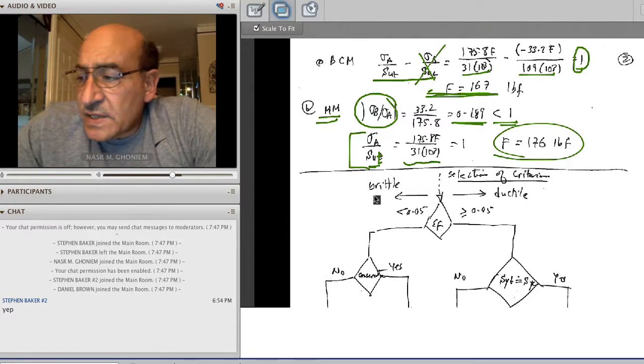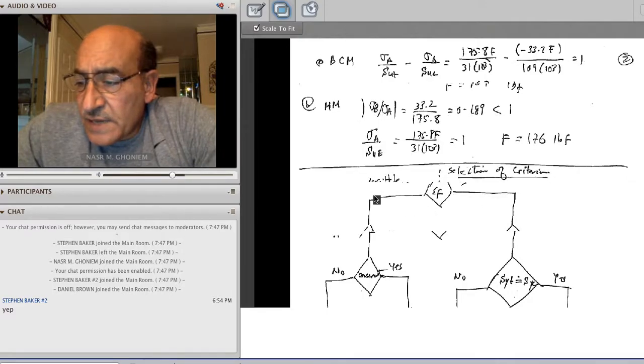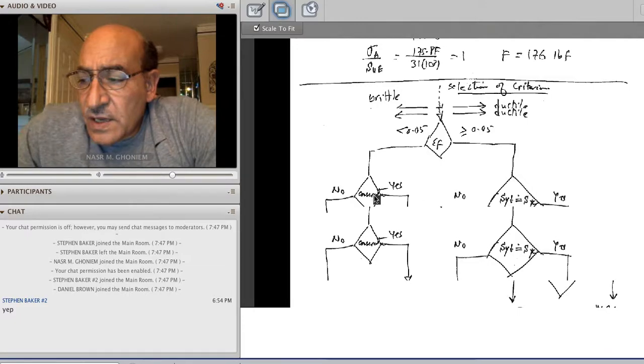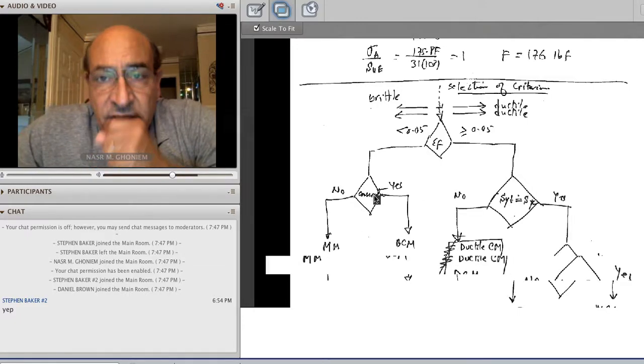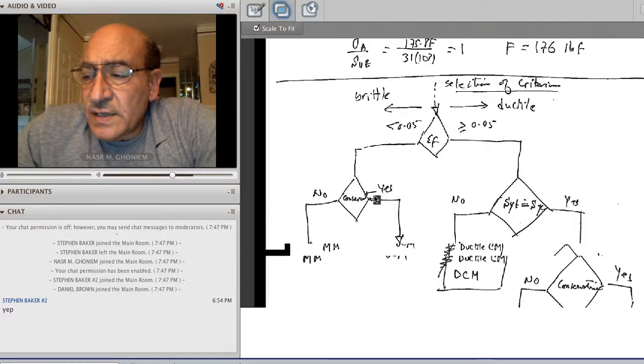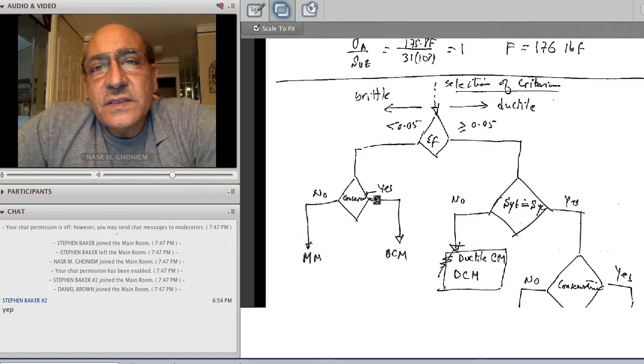So the last part of this review is, how do we select the failure criteria? And I have it here. To determine first, I have to decide whether the failure criterion is to be selected for a brittle material or a ductile material.